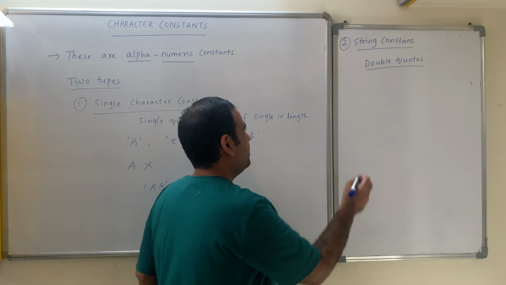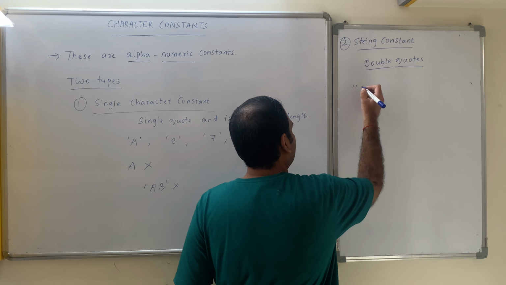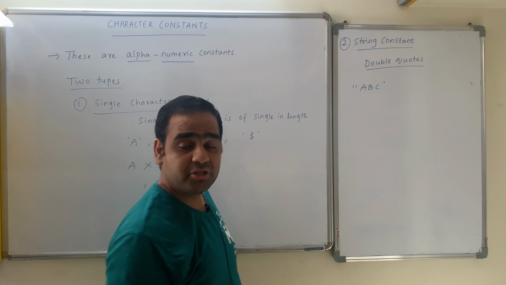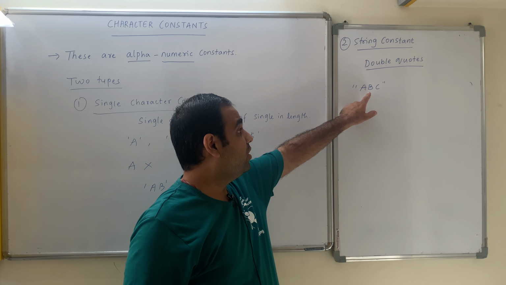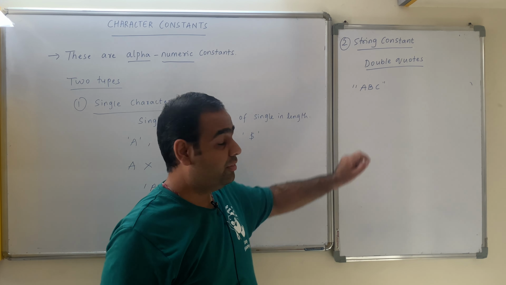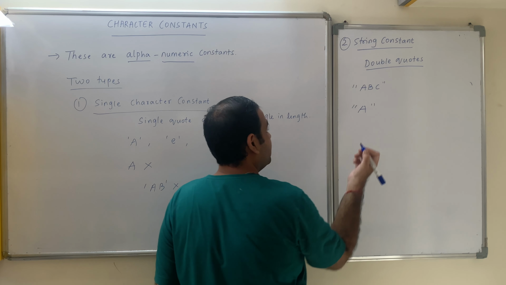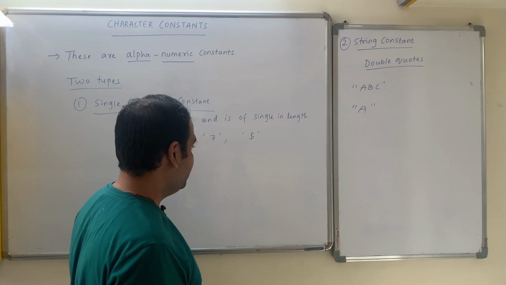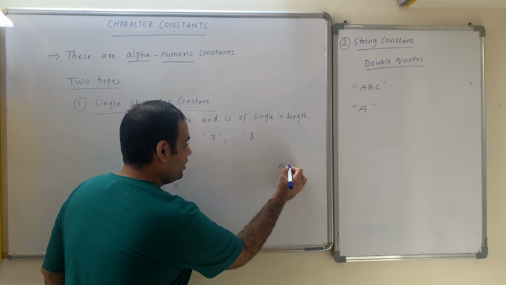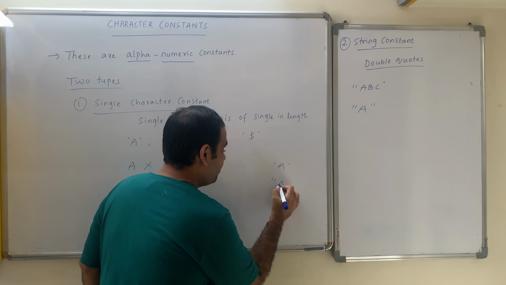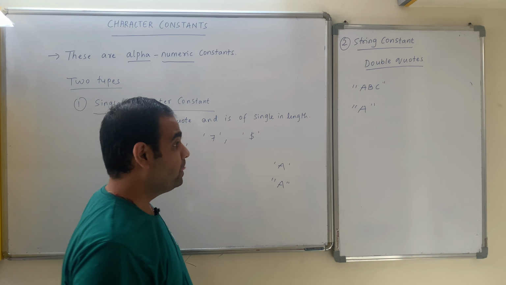Say for example, if I write in double quote ABC, now this ABC becomes a string. There is no restriction on the number of characters or the length. You can write only one character A, this is a string. Please note that if you write A in single quote, it is a single character constant. But if you write A in double quote, it becomes a string.